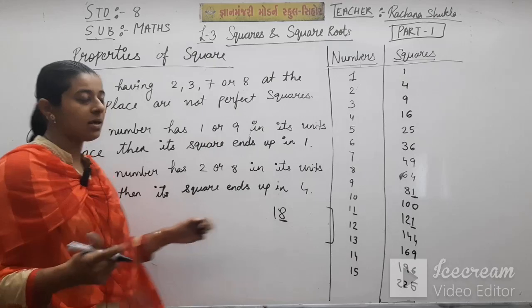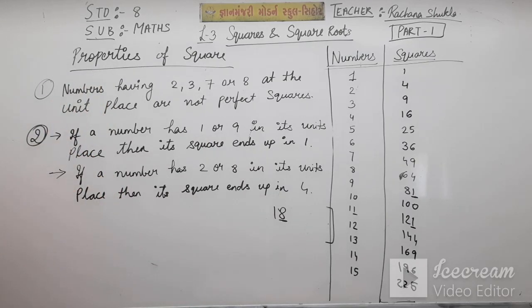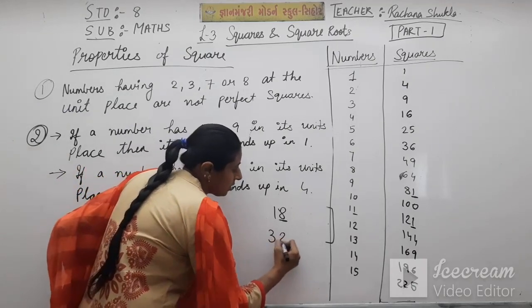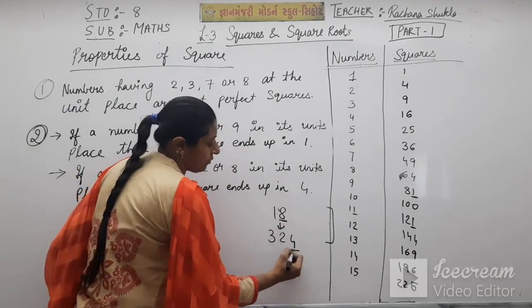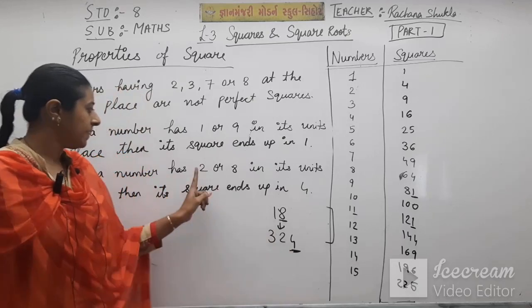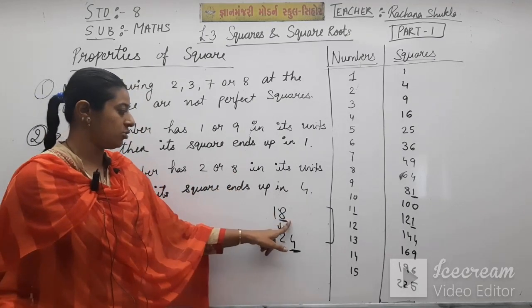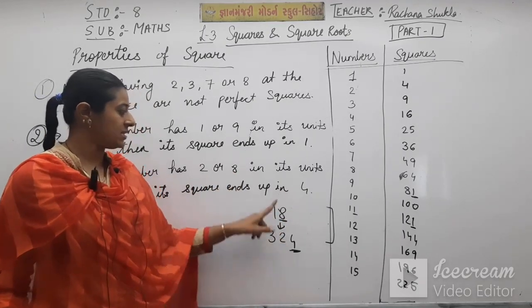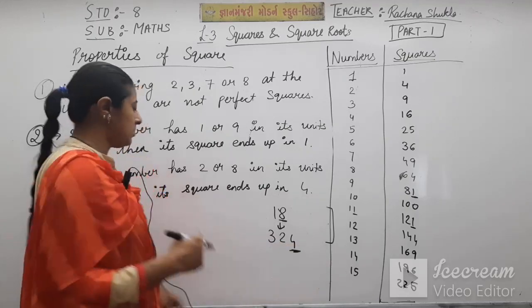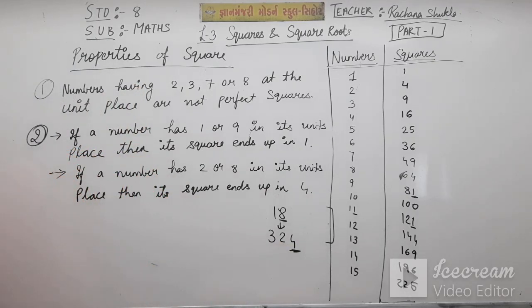So what will be the square of 18? It will end in 4. See, the square of 18 is 324. So what does it end in? It ends in 4. If you have 2 or 8 at the unit place, its square ends in 4. That is the rule or the property.